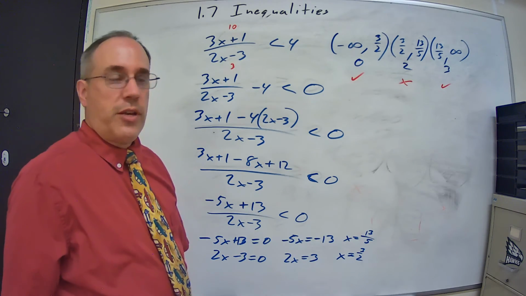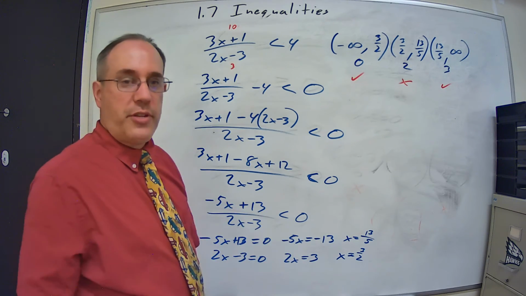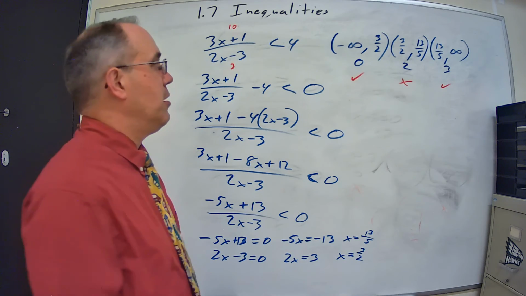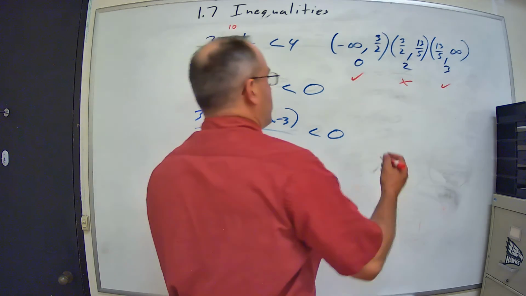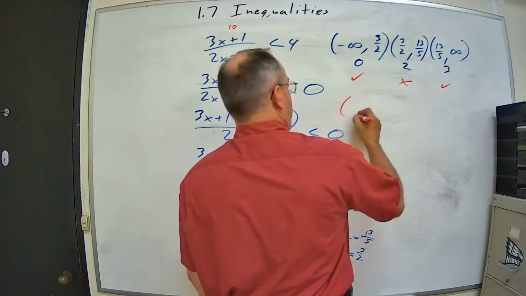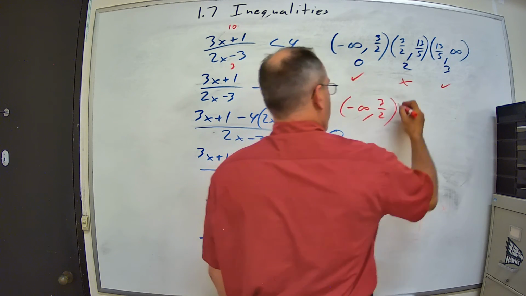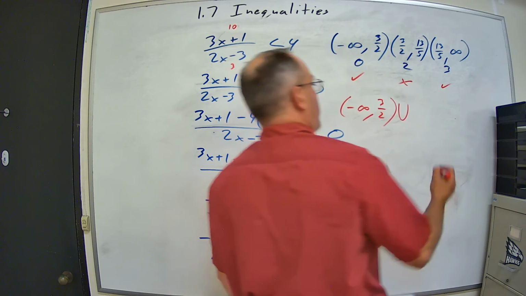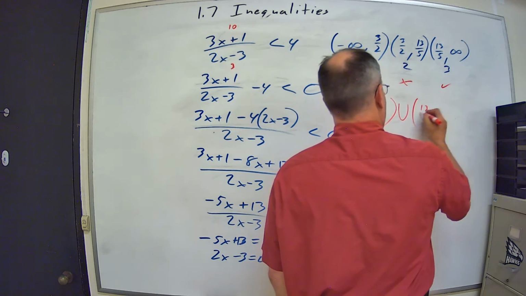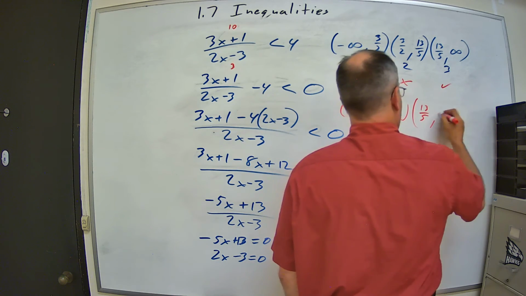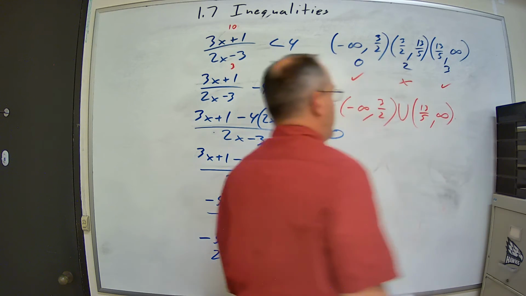It is a strict inequality, so we don't even need to bother testing the boundaries. And we come up with negative infinity to 3 halves, united with 13 fifths to infinity.